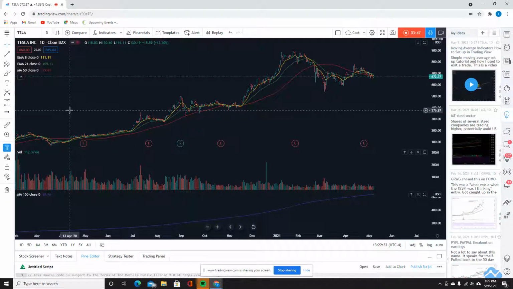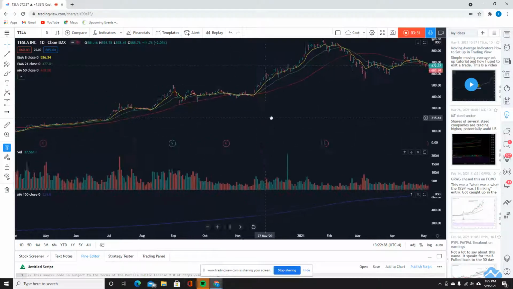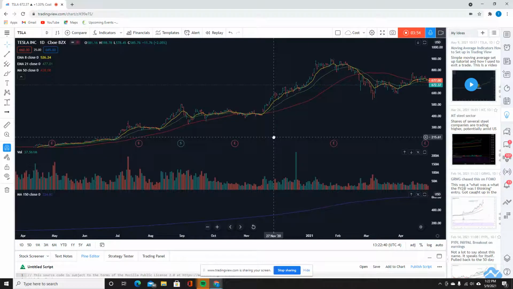But now I will show quickly how I used volume and price to enter into Tesla stock. I have been buying Tesla stock since 2017, and I've sold it and bought it and sold it and bought it.